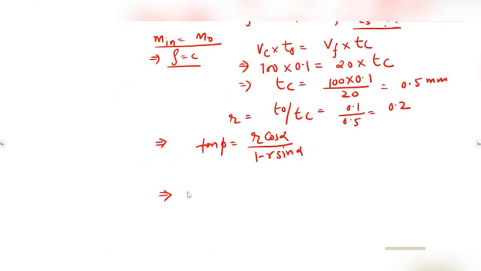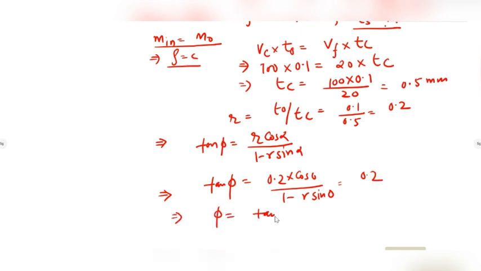Since the rake angle is 0, therefore tan phi will be r, which is 0.2, cos alpha, with alpha 0, means 1, divided by 1 minus r sin 0. So this will be 0.2. Therefore, determining phi as tan inverse of 0.2, the value of phi will be 11.30 degree.